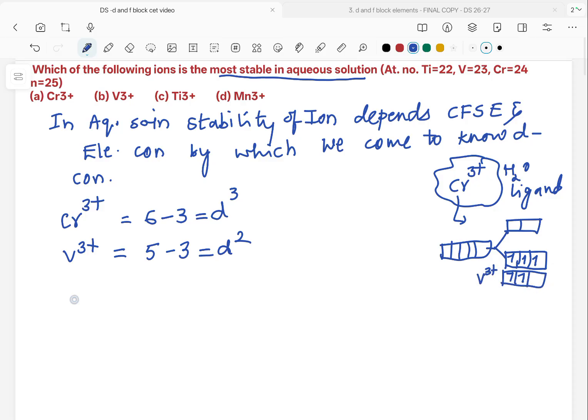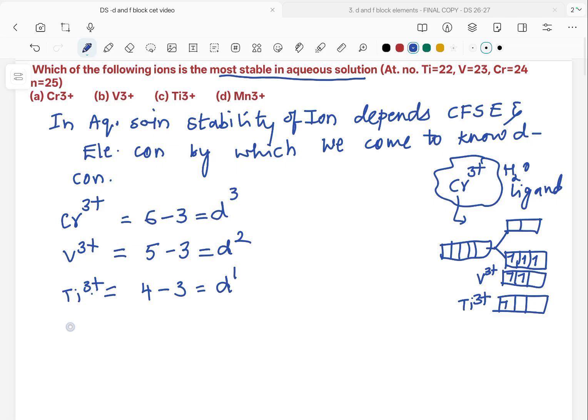Whereas when we talk about titanium 3 plus, titanium has 4 valence electrons, it has lost 3 electrons and it ends up with d1 configuration where it will have 1 unpaired electron in its lower energetic orbital, Ti3 plus.